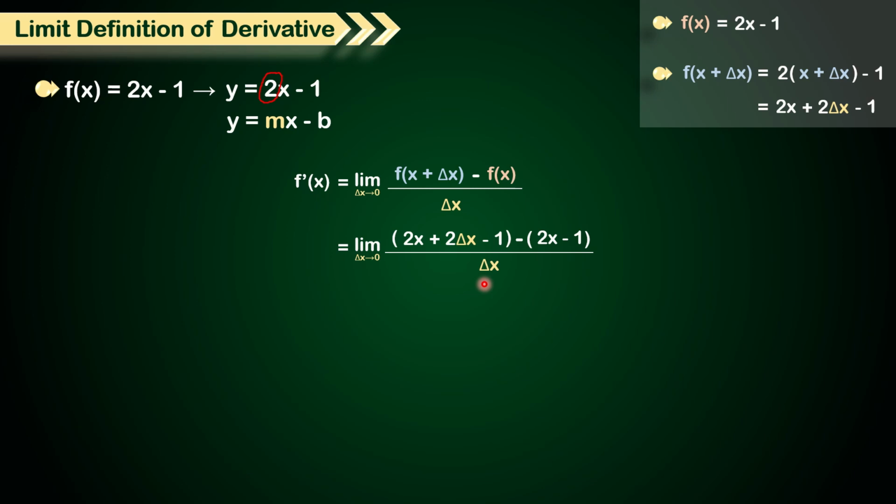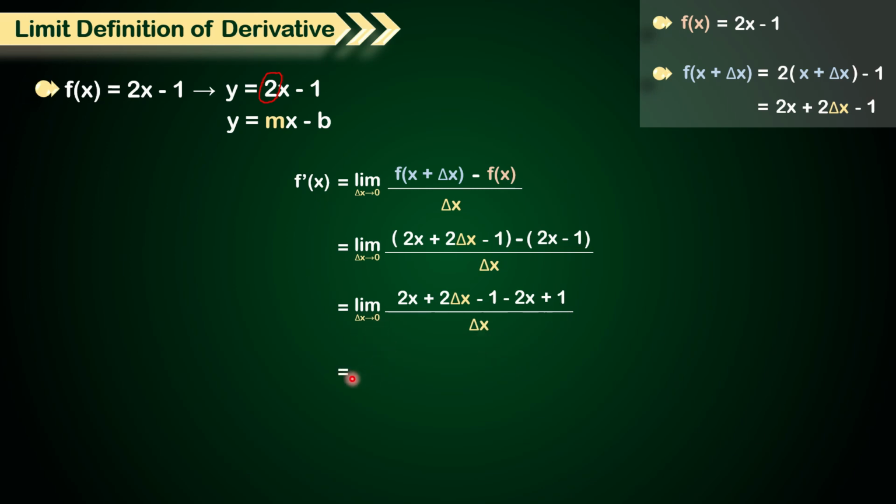Remove grouping symbols in the numerator. We now have the limit of 2x plus 2 delta x minus 1. Distribute the negative sign, and we have negative 2x and plus 1, all over delta x as delta x approaches 0.